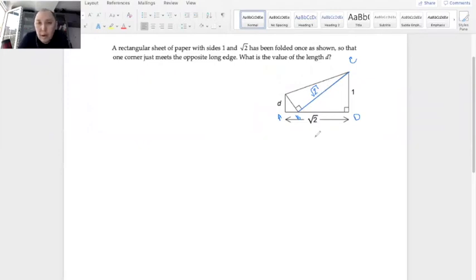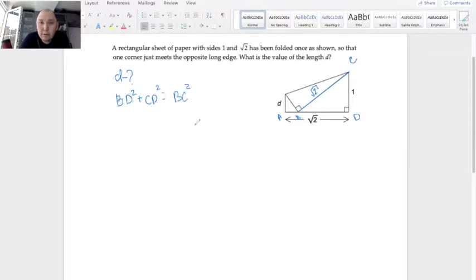Now our first task is to find the length of BD. In order to do this, we will use triangle BCD and the Pythagorean theorem: BD squared plus CD squared equals BC squared.